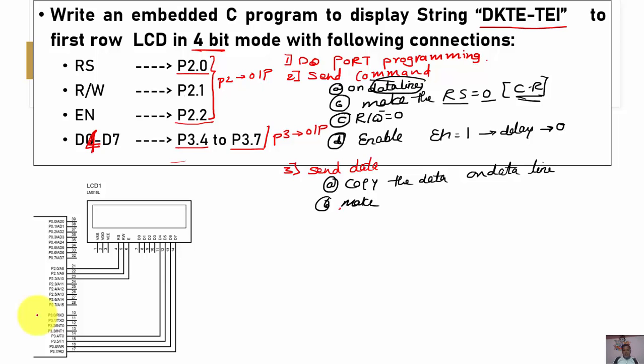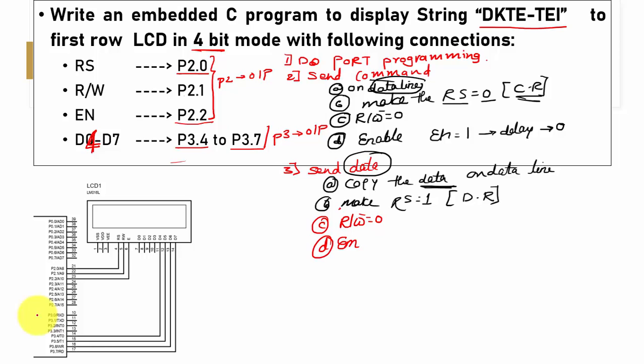So what happens when I make RS equal to 1? The data register is selected. That means the data present on the data line is treated as data, and it is displayed as it is on the LCD panel. Then enable the LCD: make EN equal to 1, give some delay, and again make EN equal to 0.